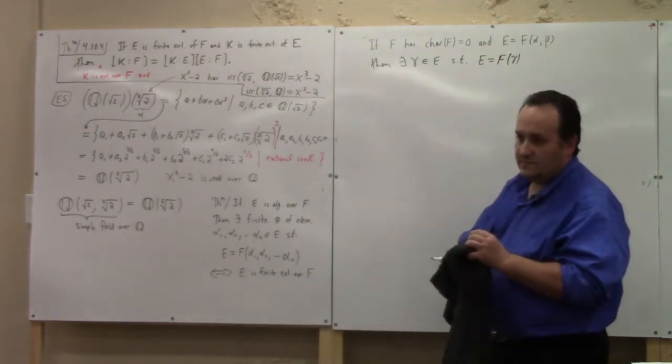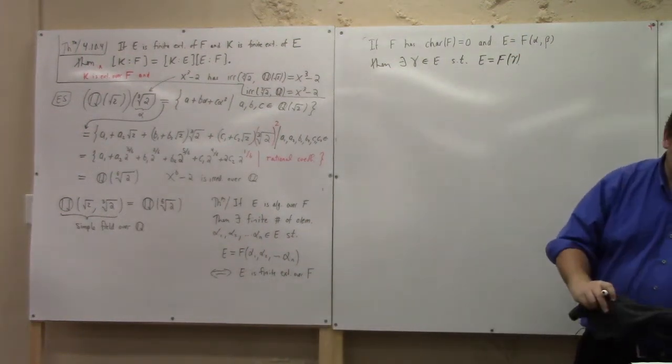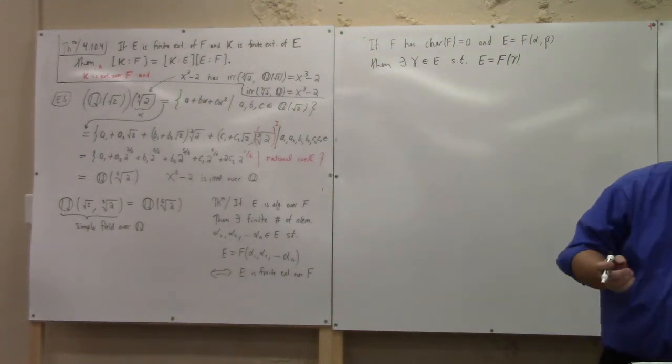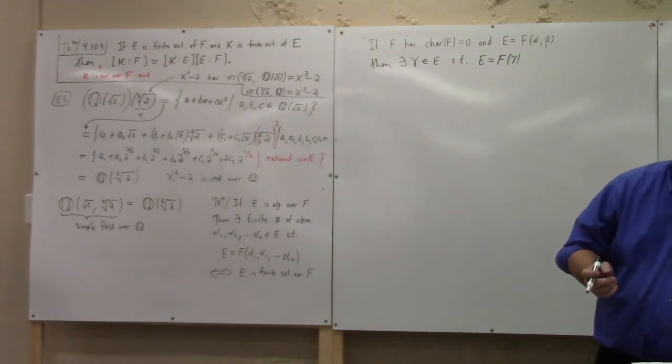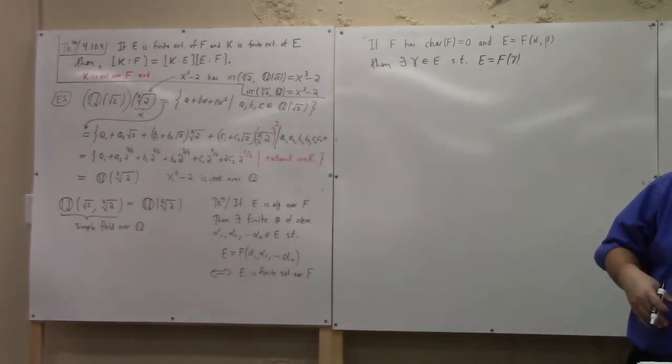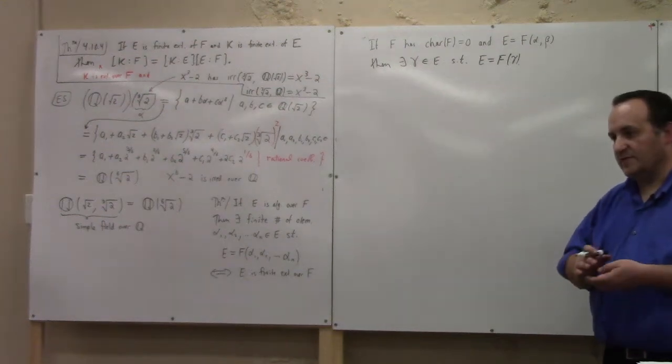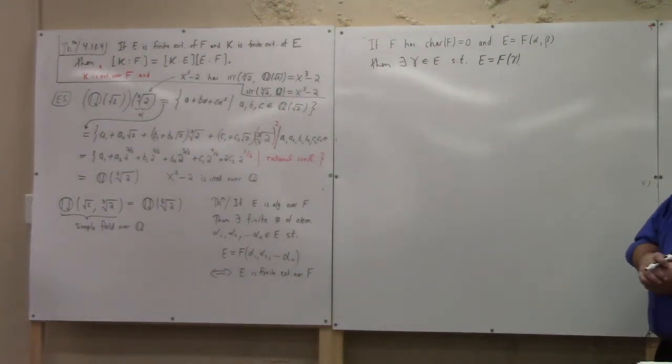In other words, over a characteristic 0 field, we can always rewrite, in principle, an extension by 2 elements as an extension by just 1 element, a so-called simple extension.